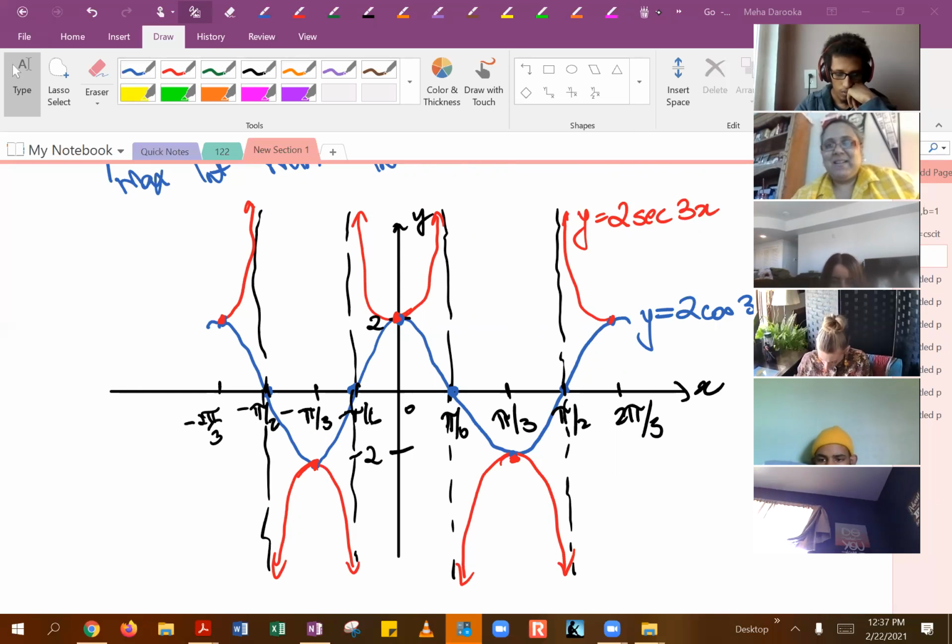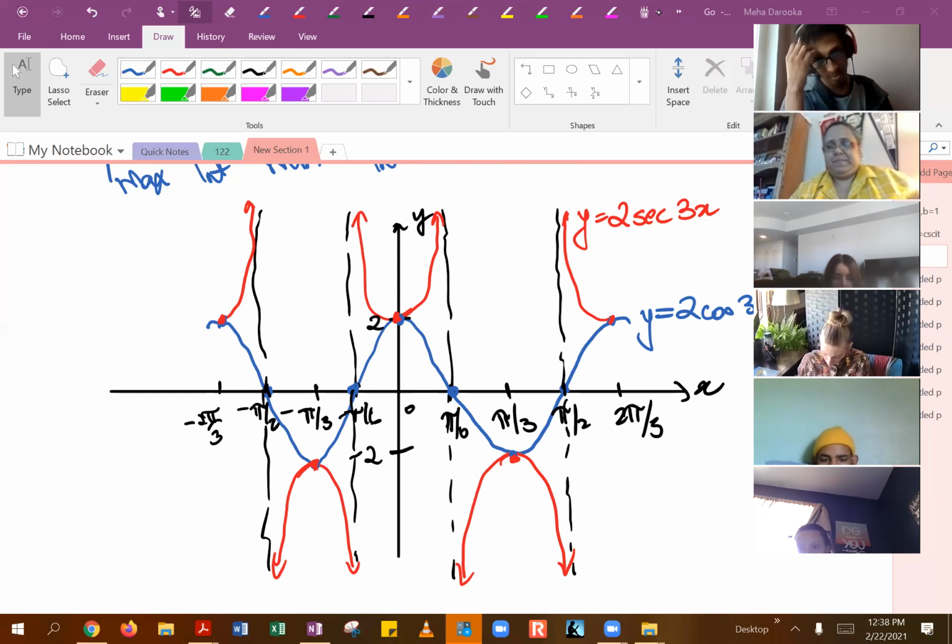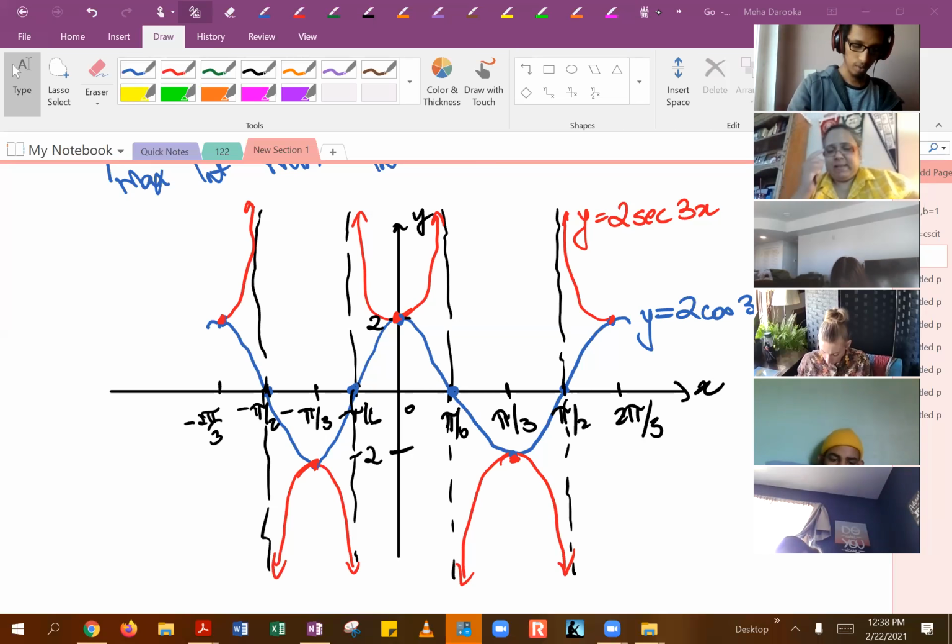Thank you. So just quickly, guys, what do you think the domain and range for the secant function is going to be? Because, just like you saw in the previous example, everywhere that you have those vertical asymptotes, we have to remove that from our domain.